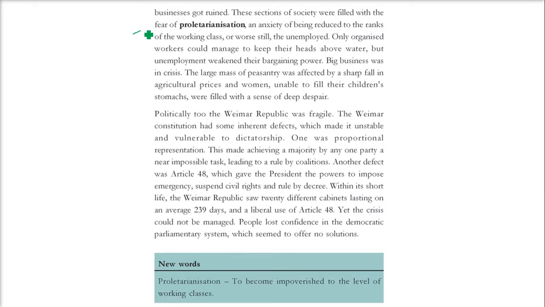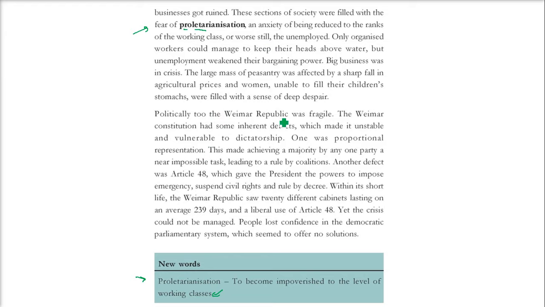People feared proletarianization. It's a very difficult word to pronounce. It means to become impoverished to the level of the working class. That is, the good earning class will become the labor class. So this was the anxiety of the people.